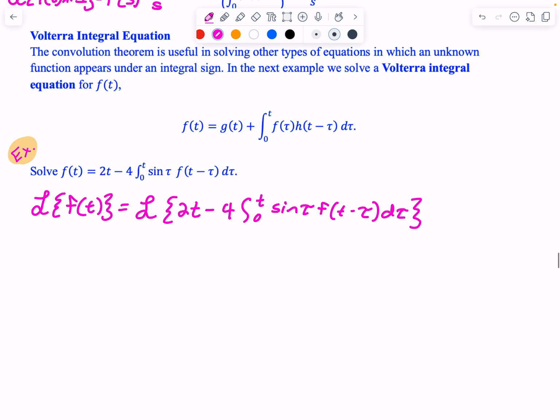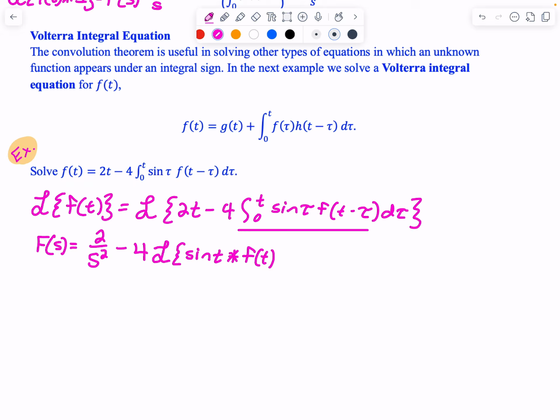All right, so I get F(s) on the left. 2t is just going to be 2 over s squared. And then minus 4 times, if you look here, the convolution of sine and f(t). So this is actually the Laplace of sin(t) convoluted with f(t), that whole integral there.